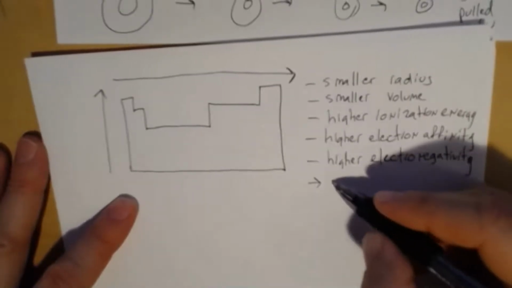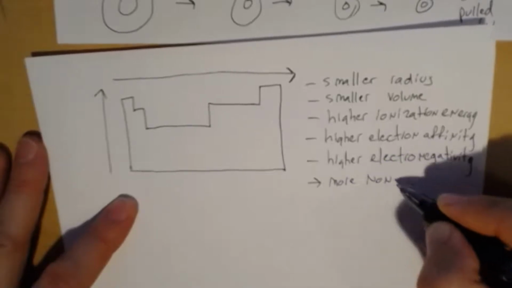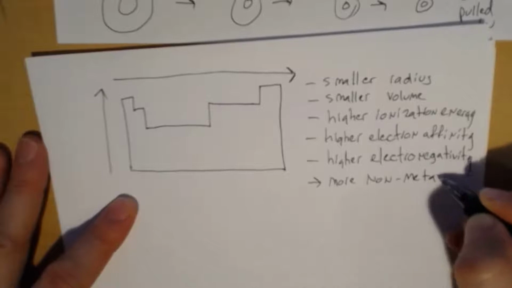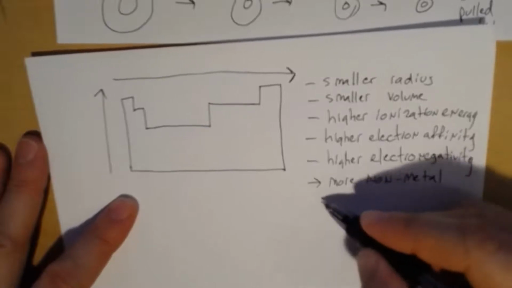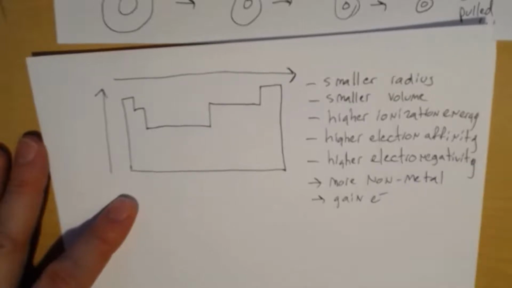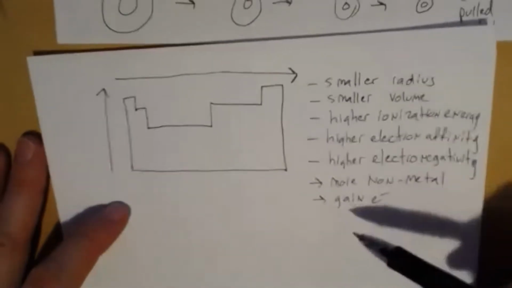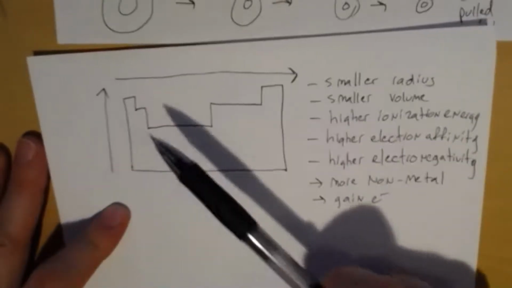They tend to be more like a non-metal in behavior. They'll tend to gain electrons instead of lose electrons, et cetera. And actually in Chem 1A, there's more than these, but all of these things happen as you go up and to the right.